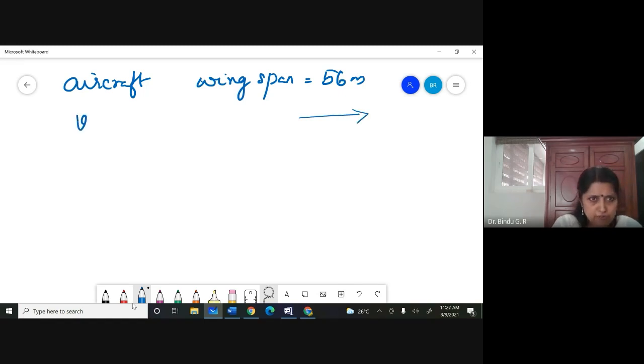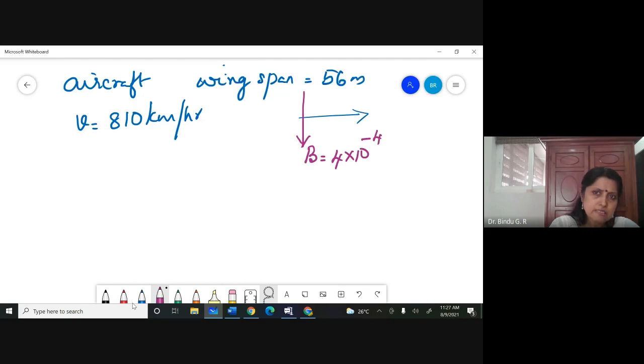At a speed of 810 kilometers per hour, and the vertical component of Earth's magnetic field is 4 into 10 raised to minus 4 Weber per meter square, that is Tesla.